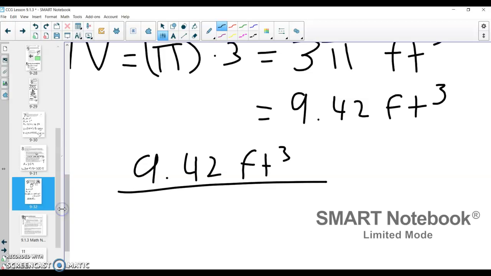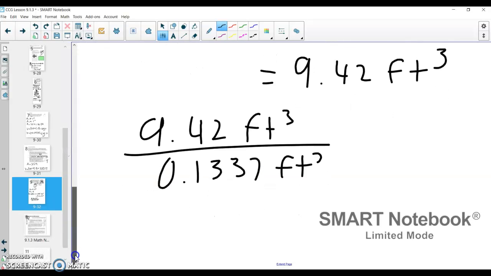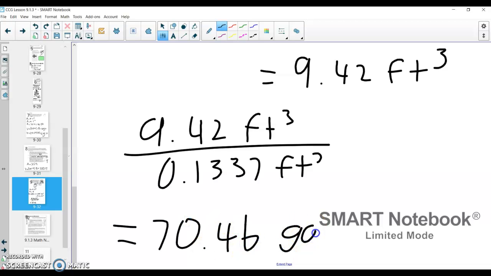So I can divide this by 0.1337 feet cubed, and I can come up with my answer. So I have 9.42 divided by 0.1337, and it gives me an answer of 70.46 gallons that the tank can hold.